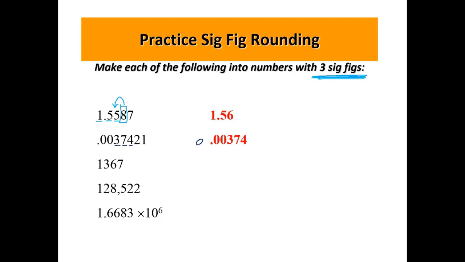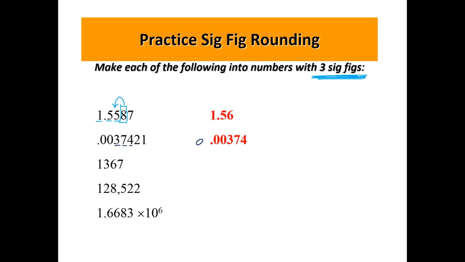1367. How would we round that one? Perfect, 1370, exactly. There's the 136. The 6 is the last significant figure. It rounds up because of the 7, but you need to add a 0 for place value. Awesome. What about the next one? 128,522. Round that to three significant figures.